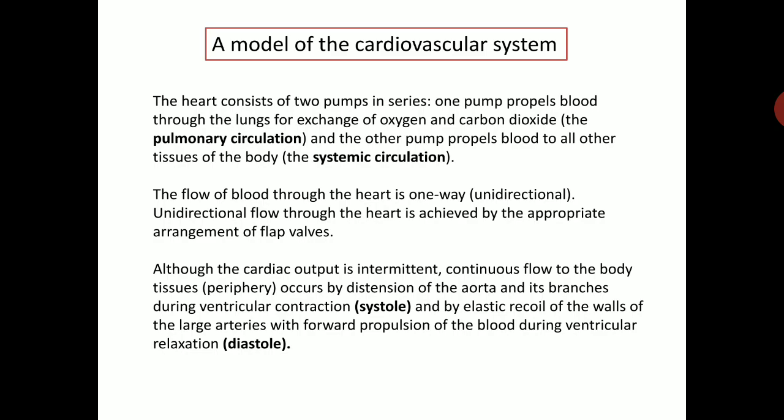So this shows that the flow to tissue is continuous while flow from the heart is intermittent, and this is achieved by elastic recoil of the large arteries.